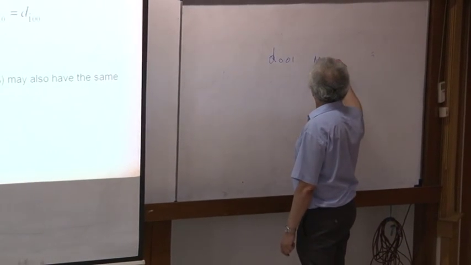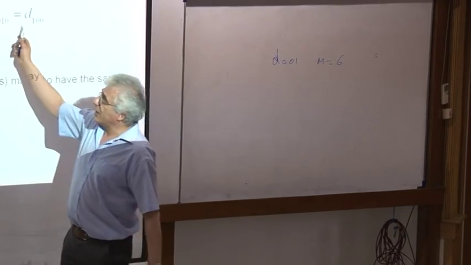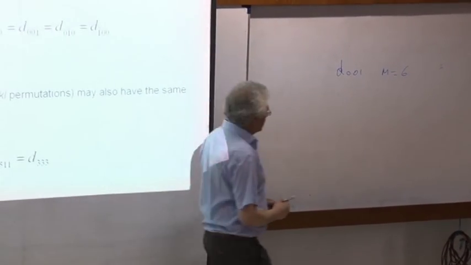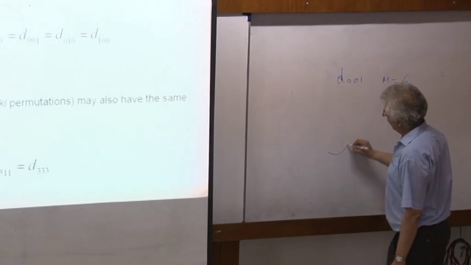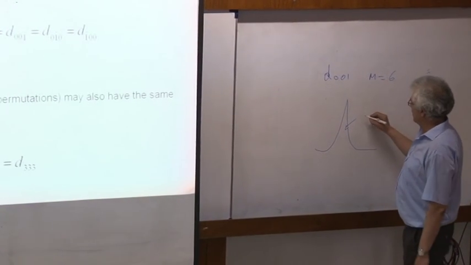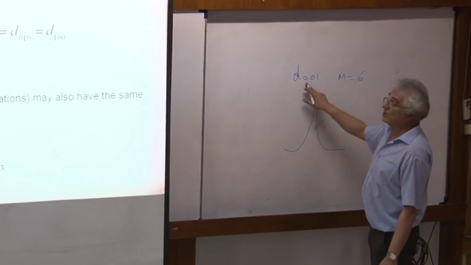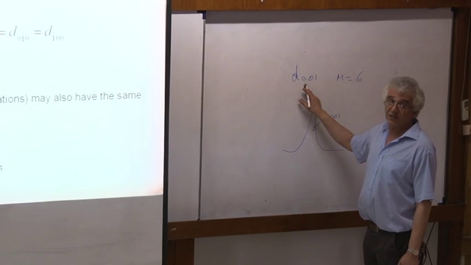So multiplicity equals 6. They all contribute to the intensity of that peak. So if this is our 001 peak here, then to get the intensity of 001, I have to divide by 6.